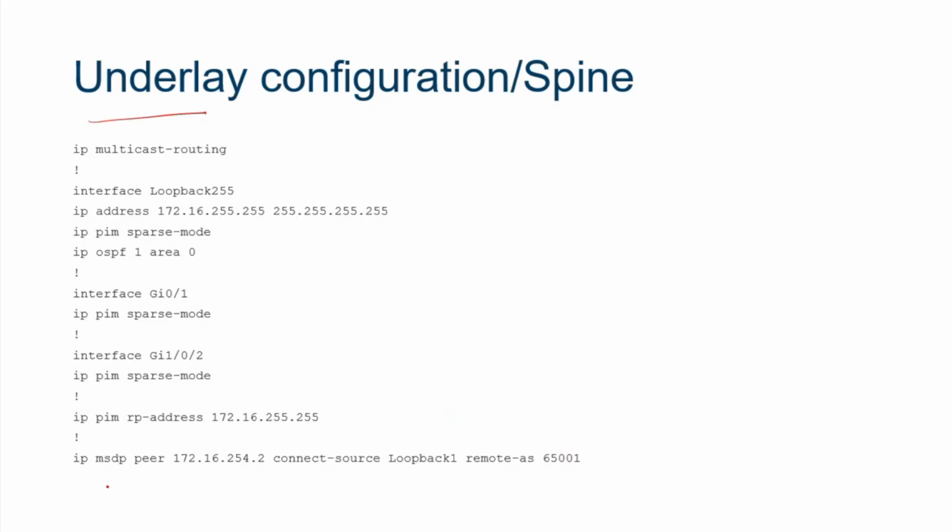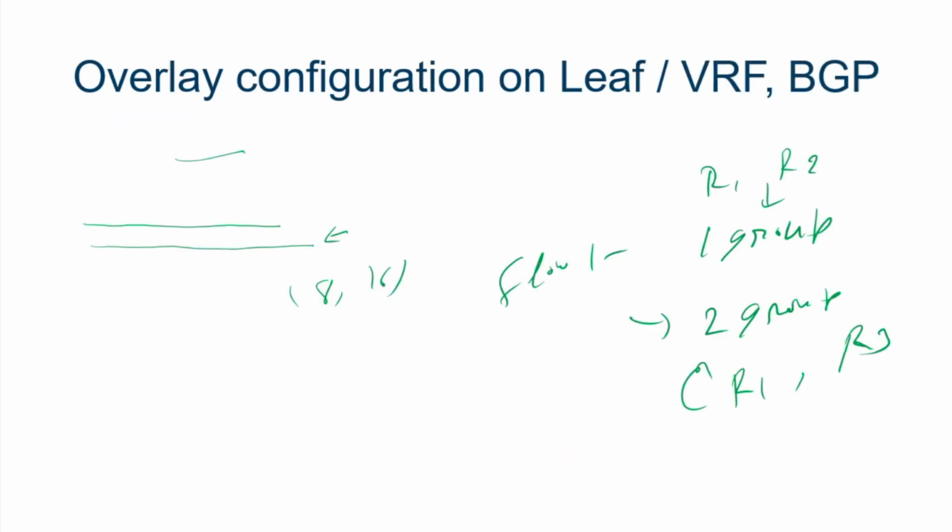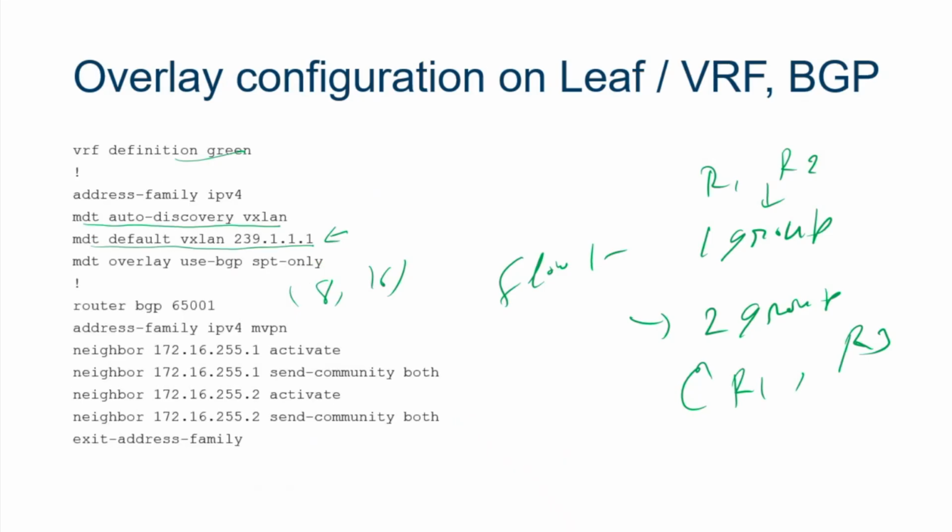But in underlay, you need to have this MSDP peering because your MVPN, these things come in the overlay. So when you configure overlay, this is the config that I was showing. And this is your address family MVPN, IPv4 MVPN, rest of the config stays the same.